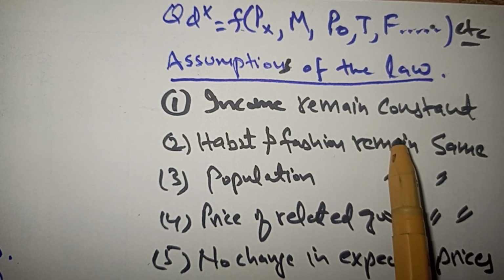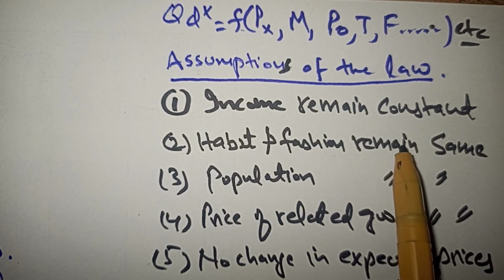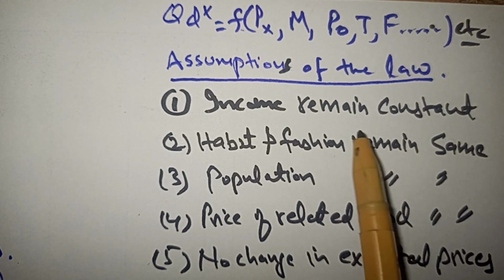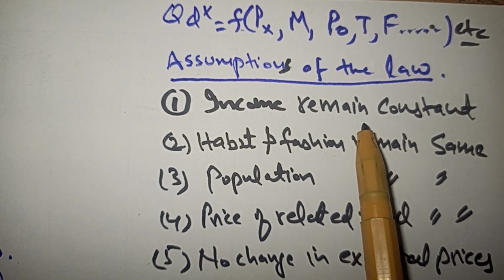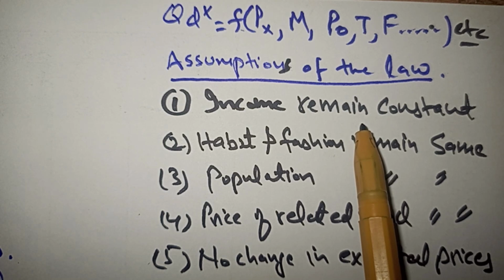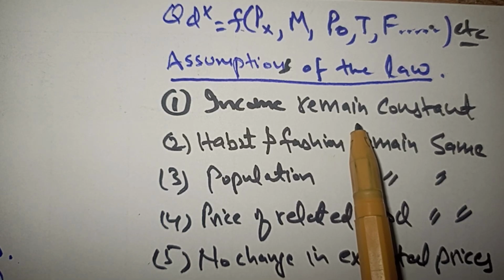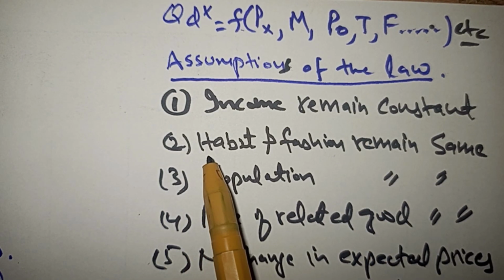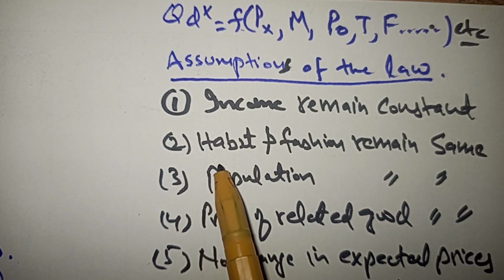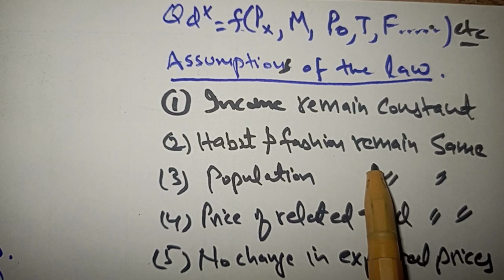This means that there should be no change in the income of the consumer, because when the income of the consumer increases, it will increase the quantity demanded for that product, or vice versa. So if we want to prove the law of demand, then we assume the income of the consumer has no change. It remains constant.